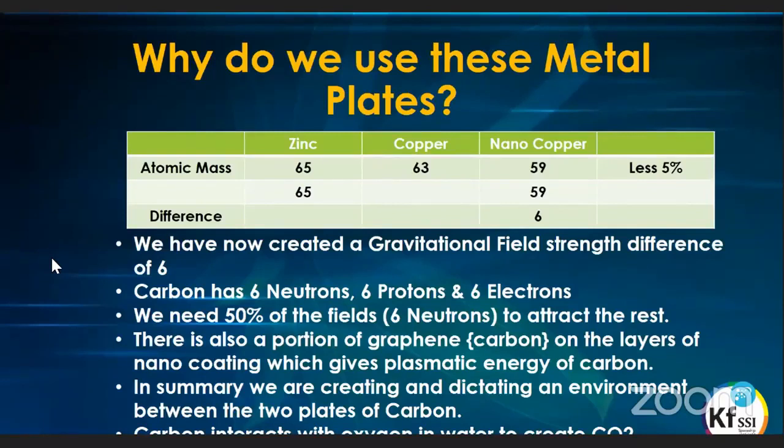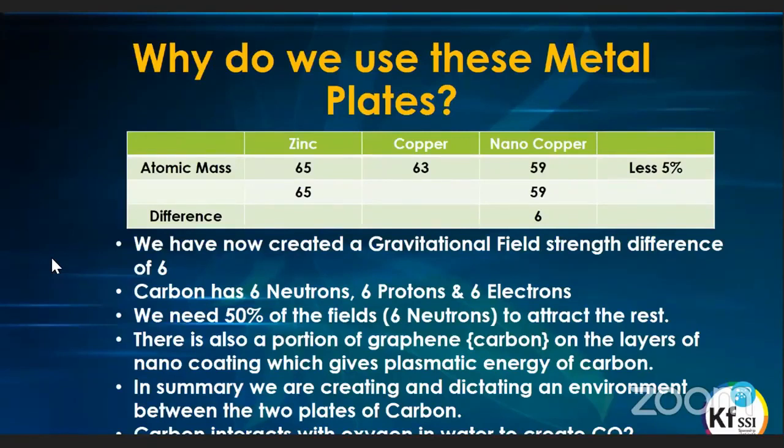So when we look at the difference between the zinc plate and your nano-layered copper, we have a difference of 6. So we've now created a gravitational field strength difference of 6. Carbon has 6 neutrons, 6 protons, and 6 electrons, so we need 50% of the fields, the 6 neutrons, to attract the rest.